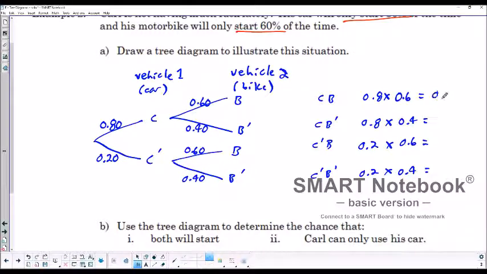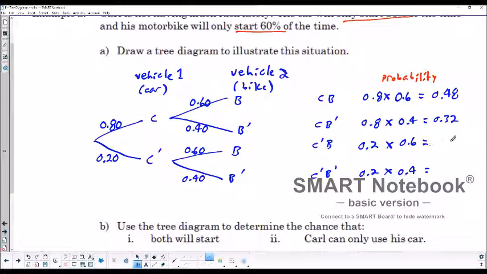So if they both start, the probability is less than 50% of them both starting. And then if the car starts and the bike doesn't, that's a 32% probability that that'll occur.